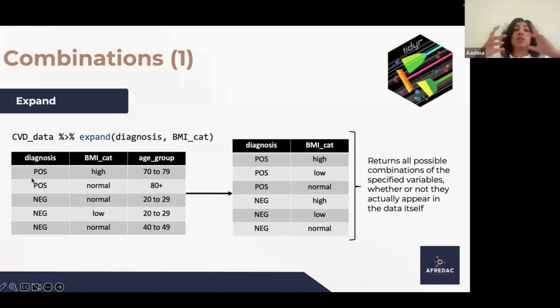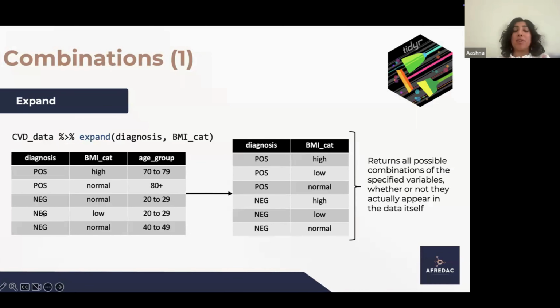So perhaps for my particular research question, I am concerned with what are all the possible combinations of BMI and diagnosis, regardless of whether they're in my data set or not. In my data set, I have somebody with high BMI who's got a positive CVD or cardiovascular disease diagnosis, a normal one with positive diagnosis, normal with negative, and low with negative.